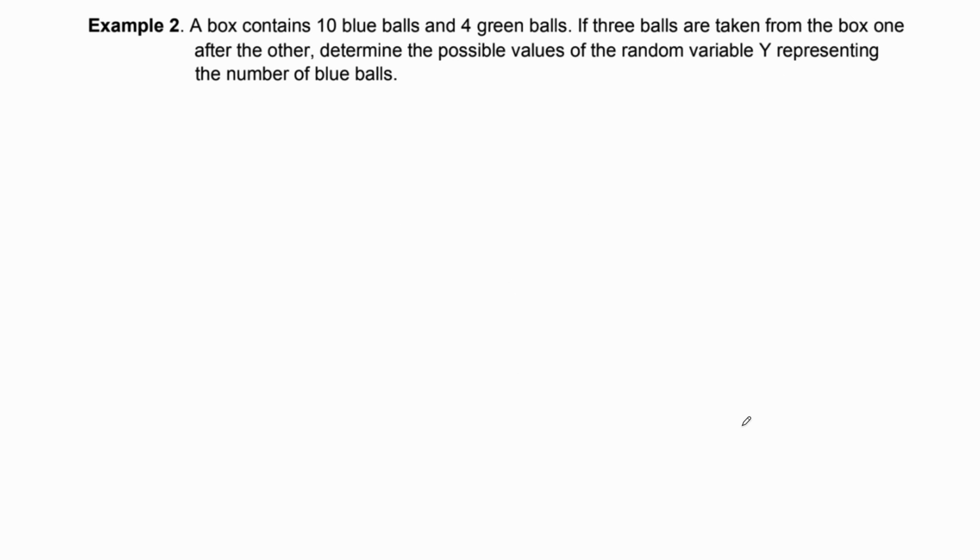Okay. So, example 2, no? A box contains 10 blue balls and 4 green balls. Okay? So, kung gagawa na kayo ng sample space, better na gawa na kayo ng isang letter to represent the whole thing, no? Let's say, for example, you have 10 blue balls. Pwede mo lagay 10B. 4 green balls, 4G. Kahit B or G na lang.